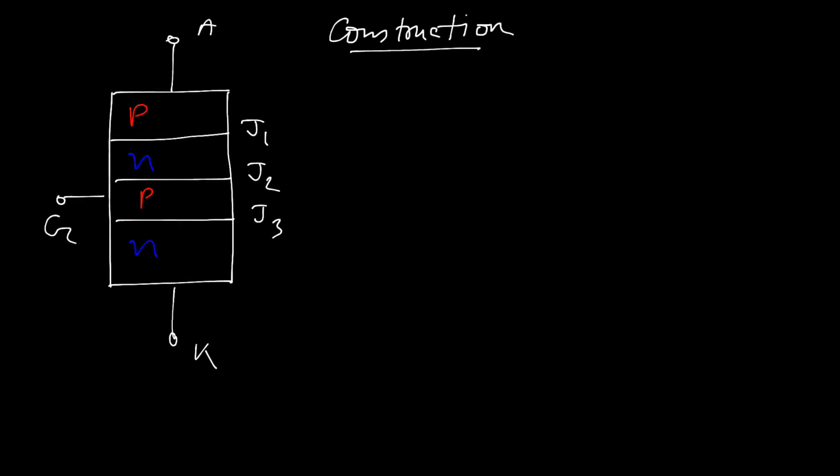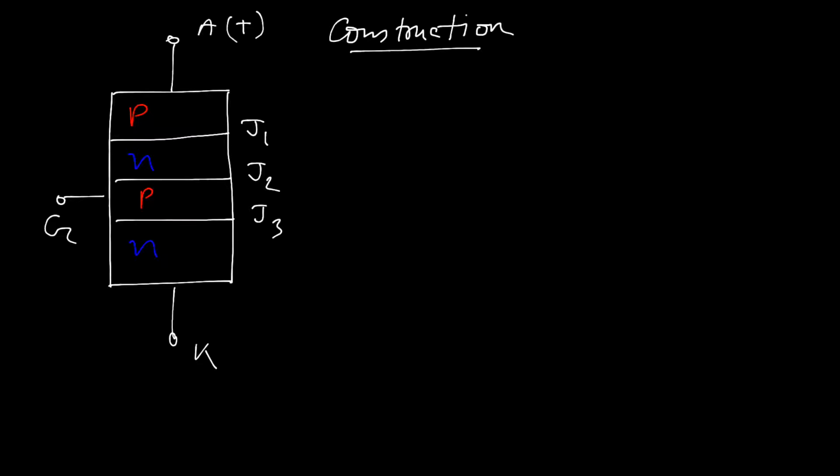In case of forward biasing condition, we must say the anode is more positive with respect to cathode. We cannot say anode is positive and cathode is negative. Here the concept is different. We must say anode is more positive with respect to cathode. Then we can say the device is under forward biasing condition.